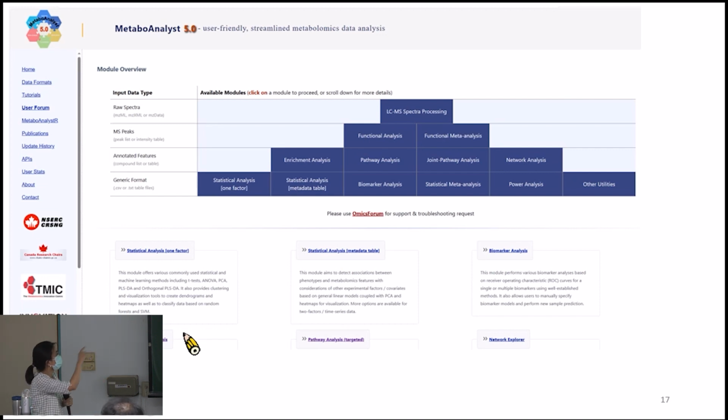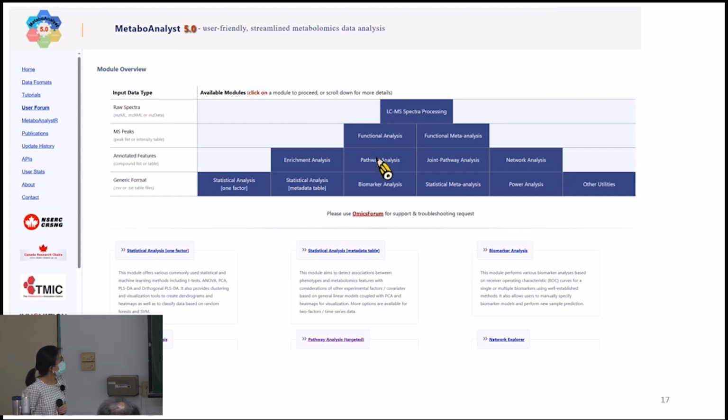Okay, so this is the web page of this platform, and it has already been upgraded to version 5. In this version, you can process the raw mass spectrum data.